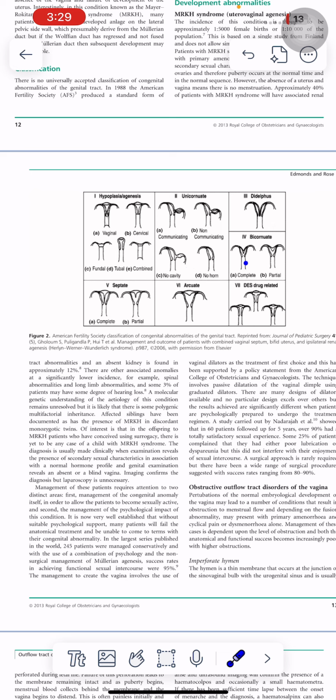Then this is the bicornuate uterus, the heart-shaped uterus, complete, and this is partial. And this one is the septate uterus, complete septum up to the cervix, and this one is partial. The arcuate uterus is slightly different; usually septate, partial, or arcuate are almost the same, with slight differentiation. And DES, diethylstilbestrol, drug-related, gives this type of uterus.